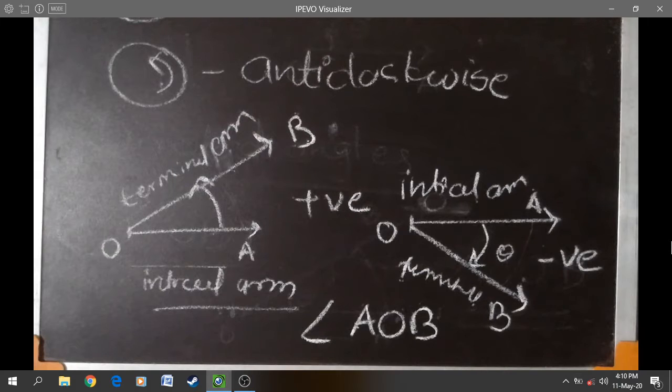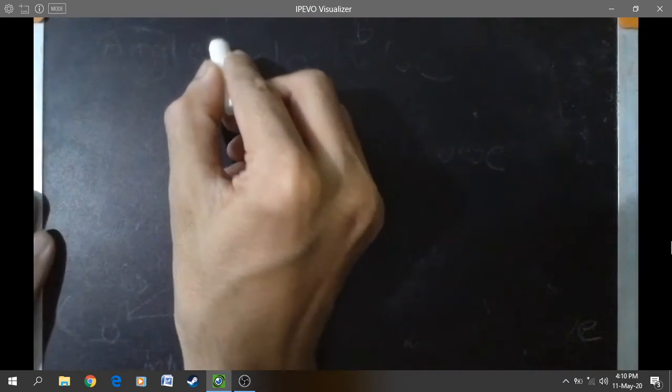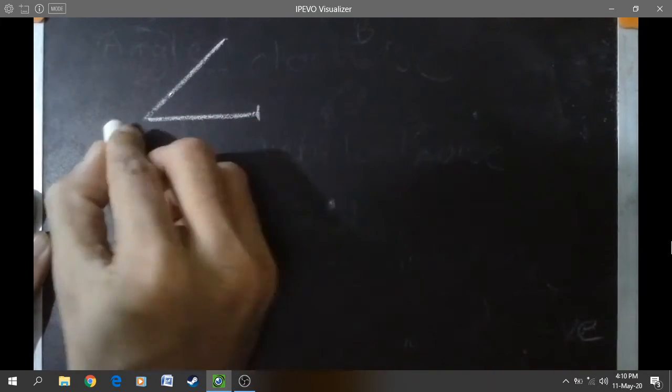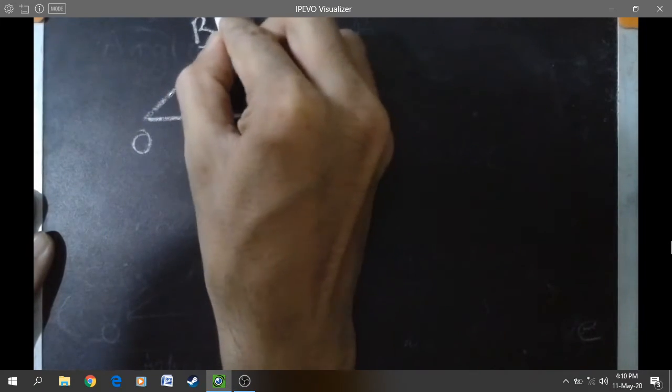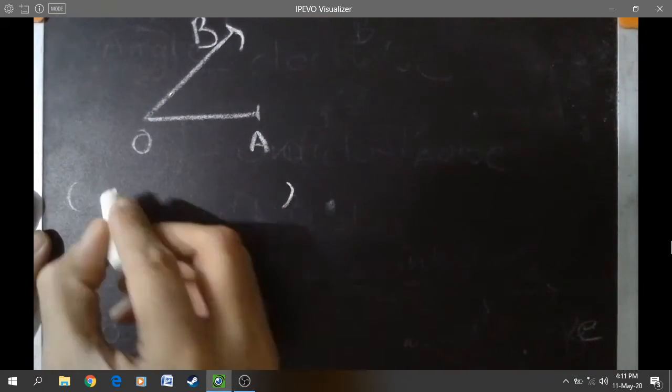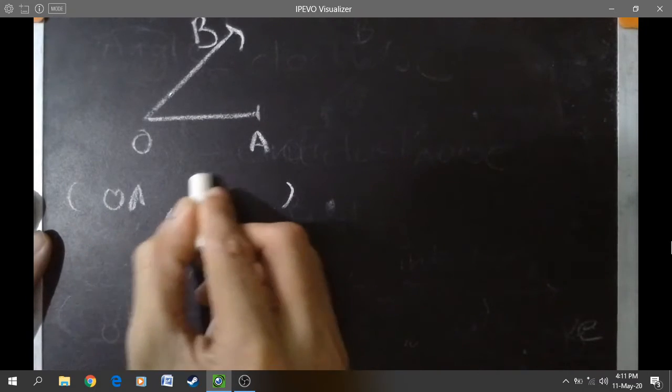So what we got here is various notations like terminal arm and initial arm. We will reconsider these definitions again. Suppose we have angle AOB and it has the ordered pair OA, OB.